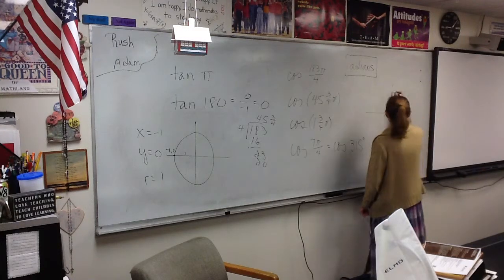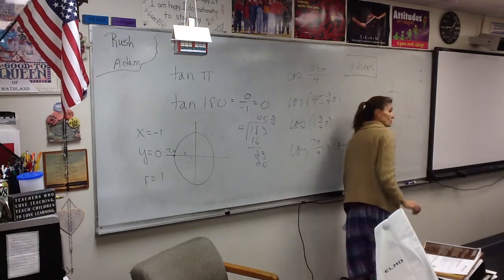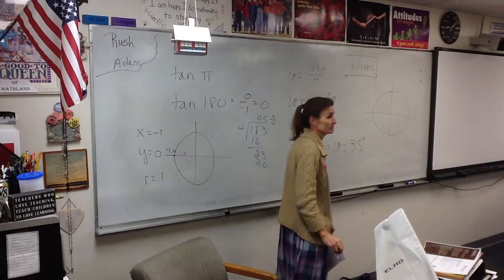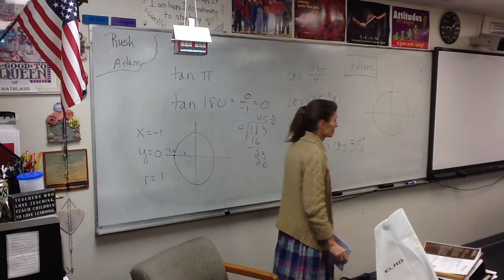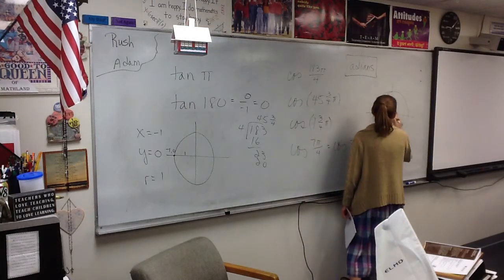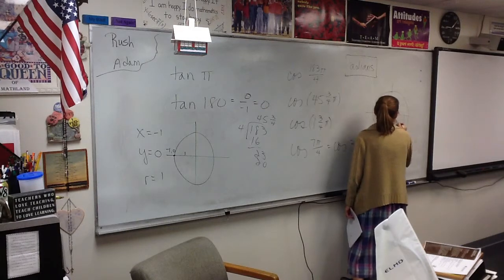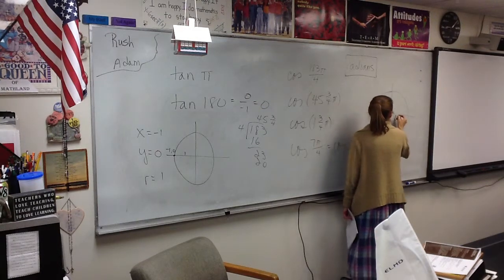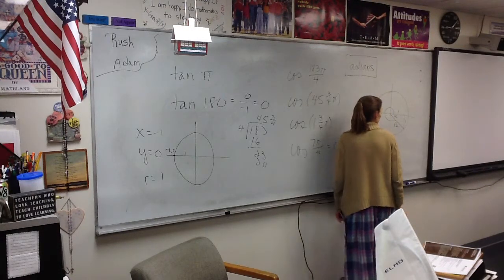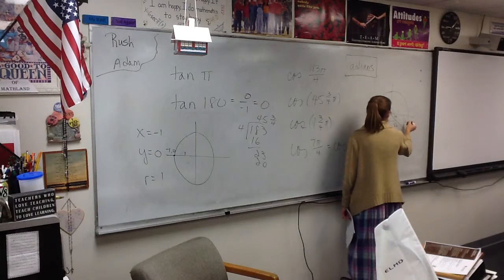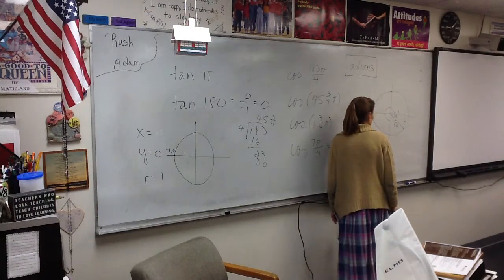Okay. Where's 315? Fourth quadrant. What's the reference angle for 315? 45? Okay, so 1, 1, root 2. Anything negative? The y, yeah, that guy is negative.